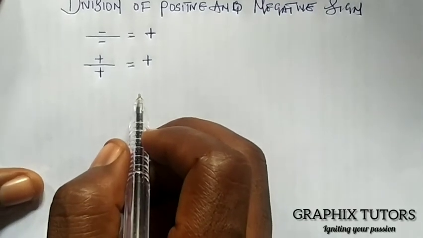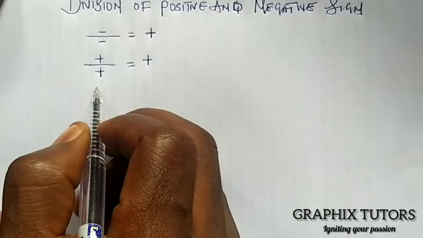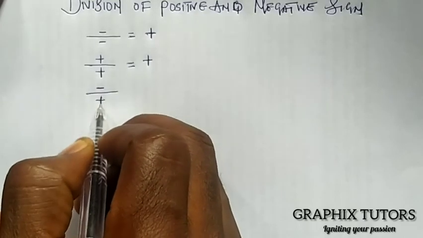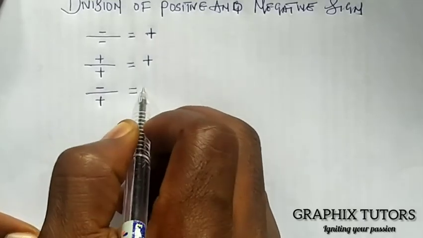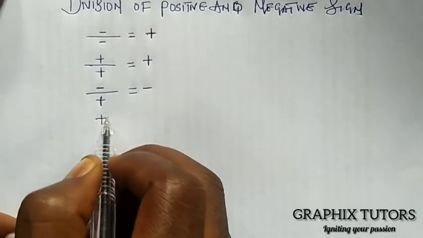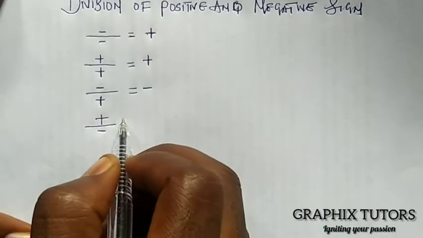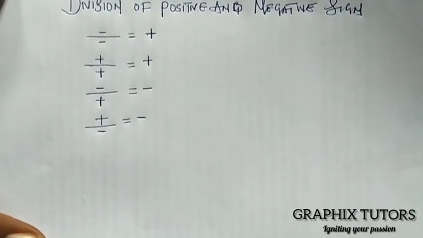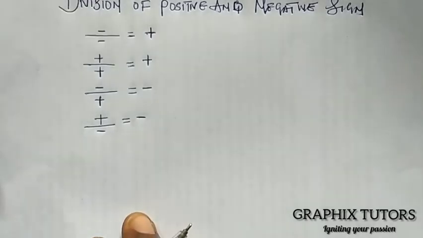Also, if you have a negative divided by a positive, it will surely give you a negative. Or a positive divided by a negative will always give you a negative. Are we good? So let's take an illustration and see.